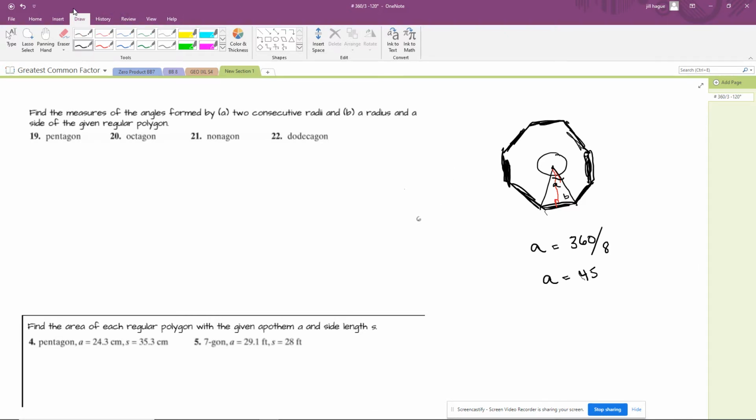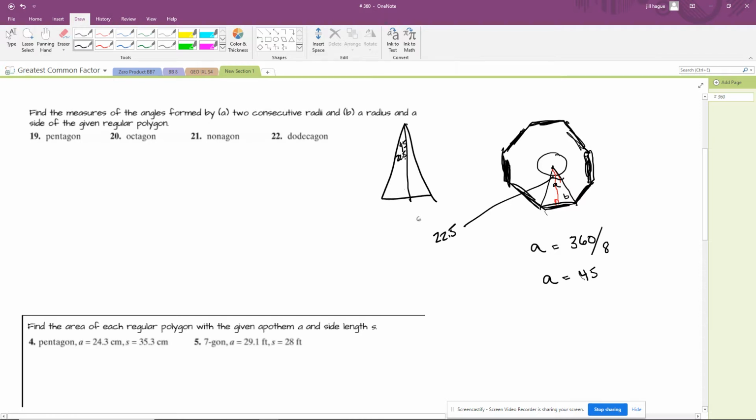So let me see if I can squeeze that in for you guys. Half of the 45 is 22.5. So that angle right there, let me blow that up for you. Right now we know this is 45. So when I drop the apothem down, this little piece here is 22.5, because I have to cut that in half.